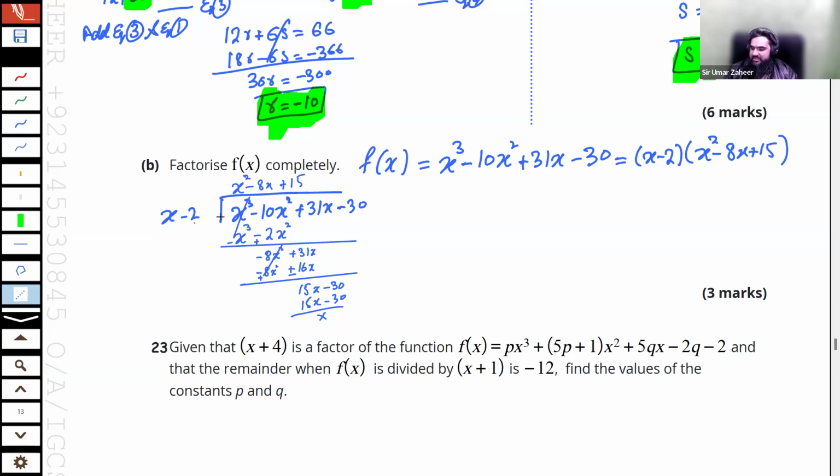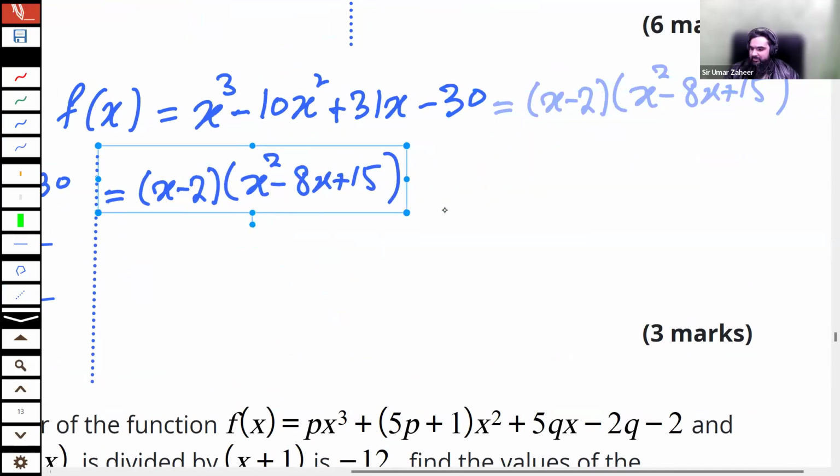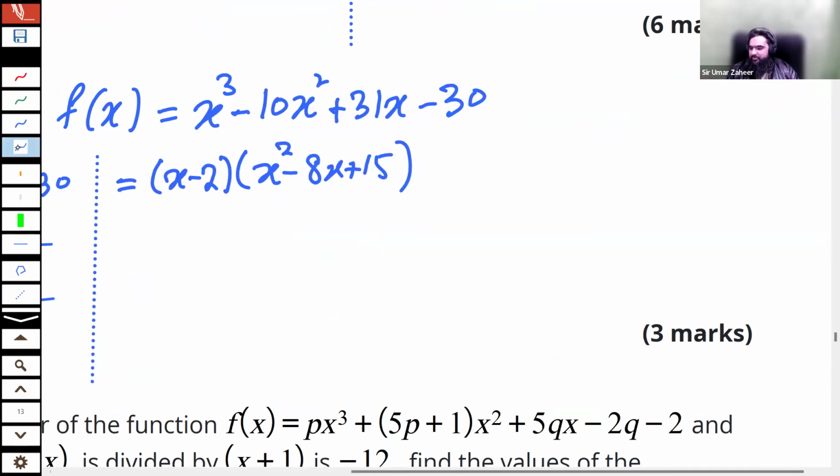Now you still have to check if you are able to do the middle term breaking. Yes, Simon, is it possible? 15 multiplied by 1 is 15.